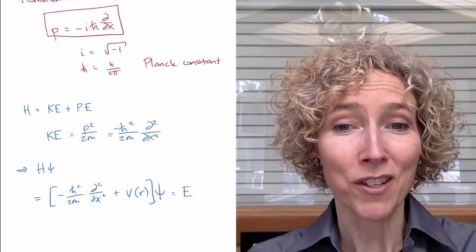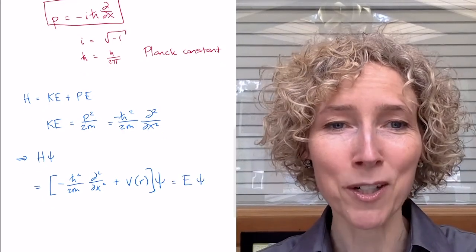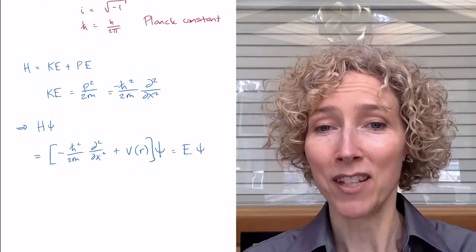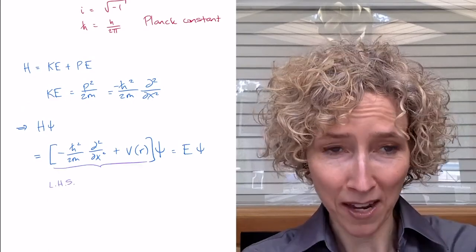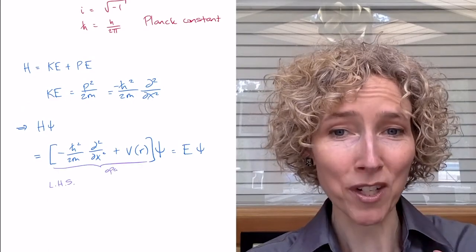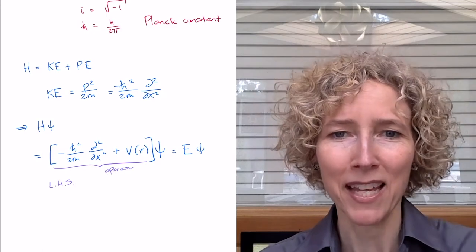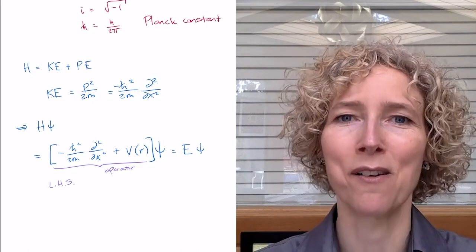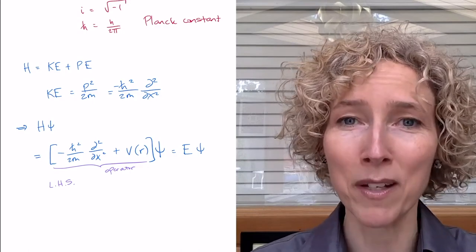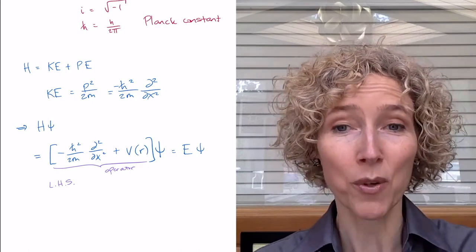So to solve the Schrödinger equation, here's what that means. You take the left-hand side of this equation. Now on the left-hand side, that Hamiltonian, you'll see, isn't just a number, it's what we call an operator because it involves derivatives, because of the strange way that the momentum gets expressed in quantum mechanics. So here's what you do.